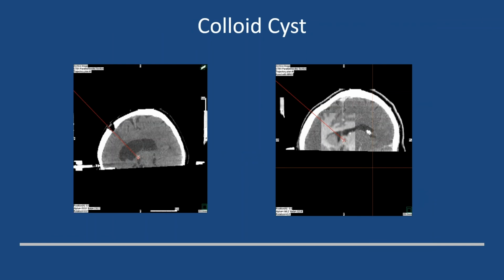And finally, I do a lot of colloid cyst endoscopic resections where, again, you can use the intraop CT, and I use even the stereotactic endoscopic approach and prove, particularly if you have a hyperdense colloid cyst, that you've completely removed the cyst at the end of surgery.